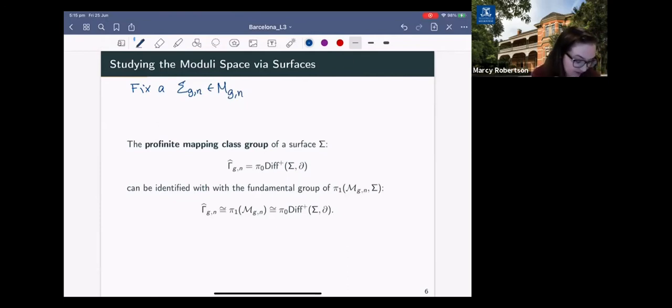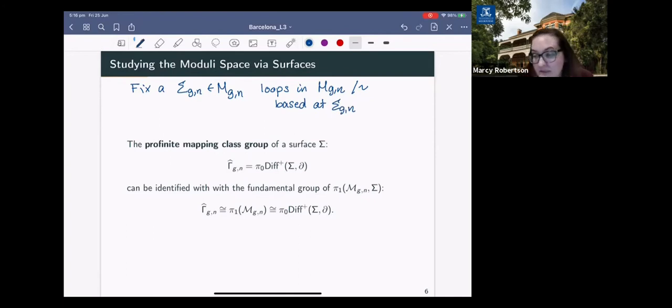So if I fix one point, I can look at loops in the moduli space up to homotopy based on that point.